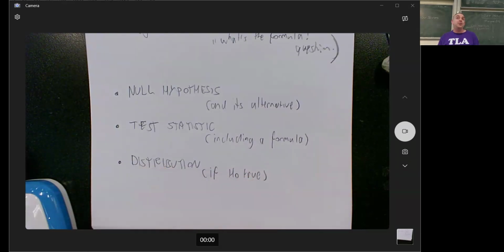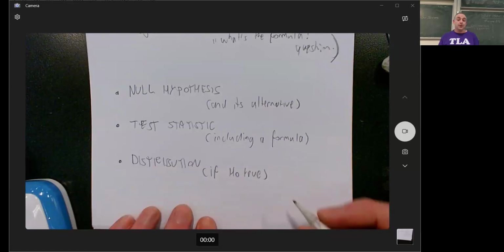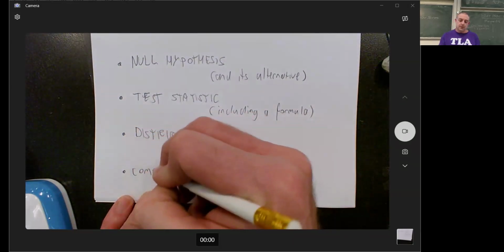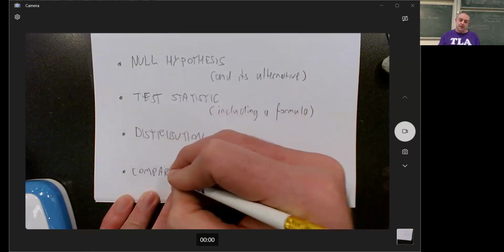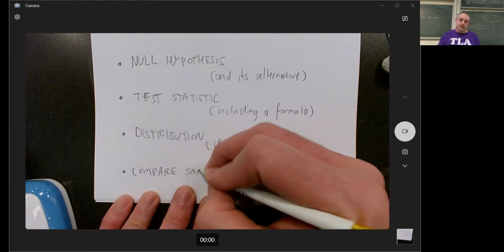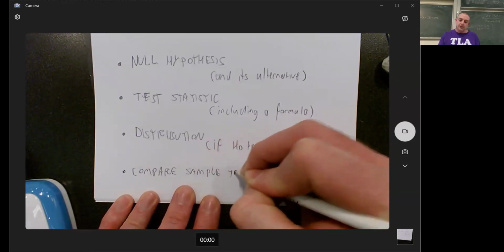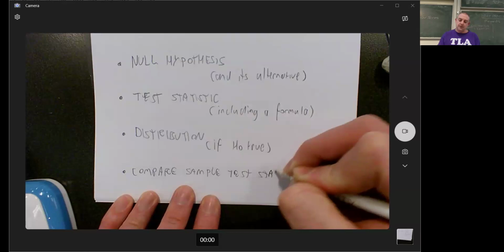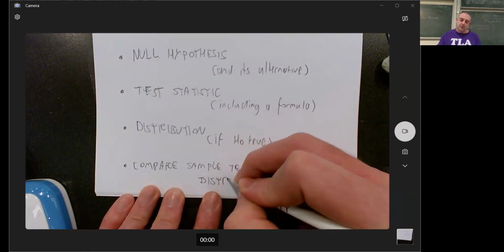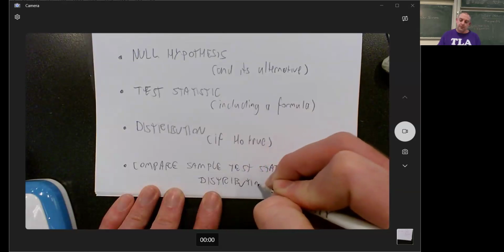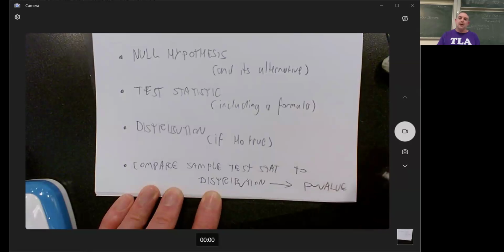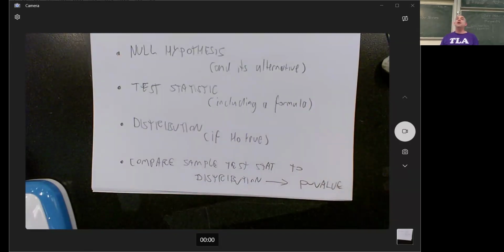And that produces a p-value. So then compare the sample test stat to the distribution, and that gives you a p-value. And then you make the decision based on the p-value at the end.